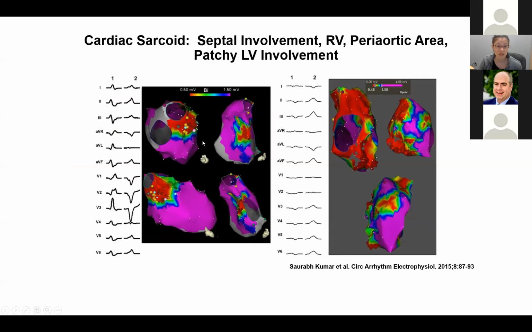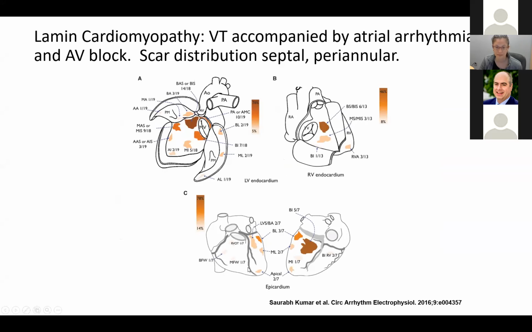But in addition to that, we often see that the parahisian area is involved. This is a left ventricular voltage map, and you can kind of see where the His potentials are marked in yellow here and where the ablation for the VTs had to be. And you see a low voltage area that goes right around the aortic valve area in some of these folks.